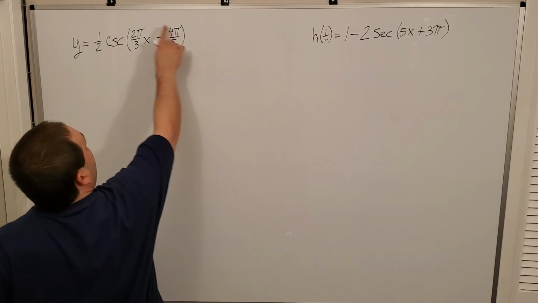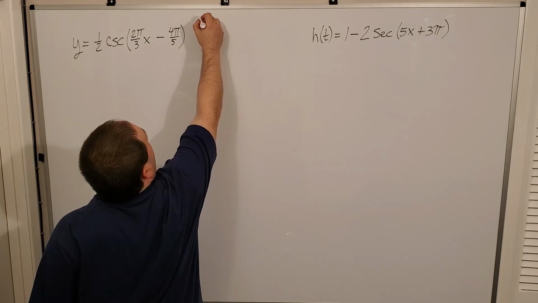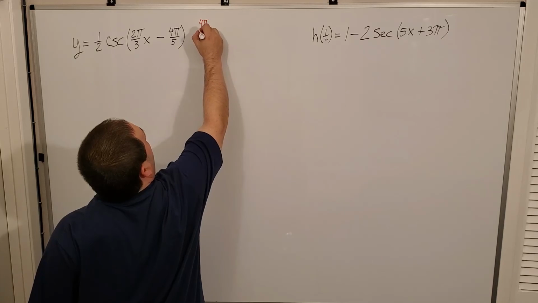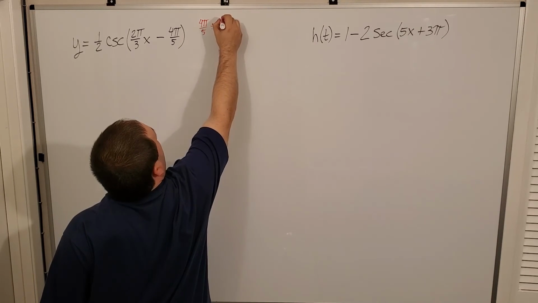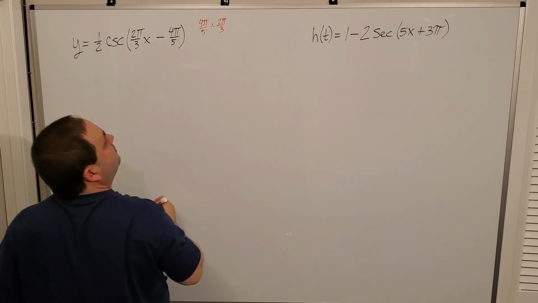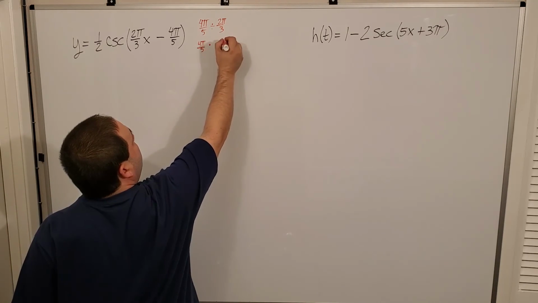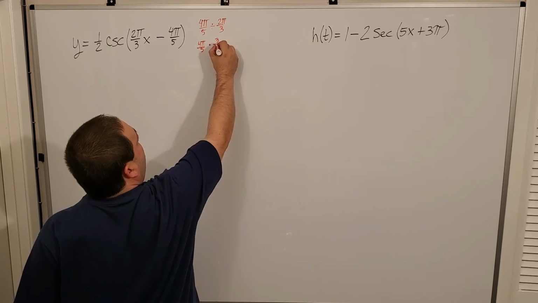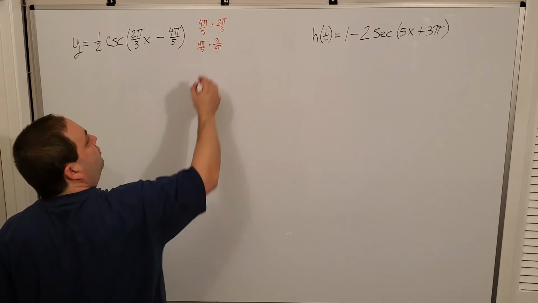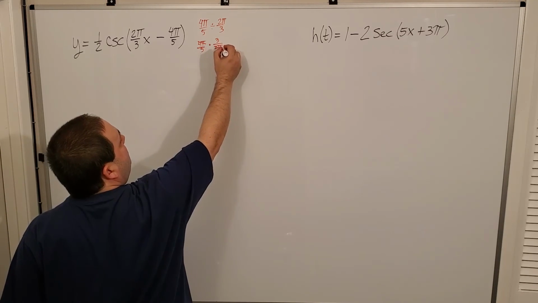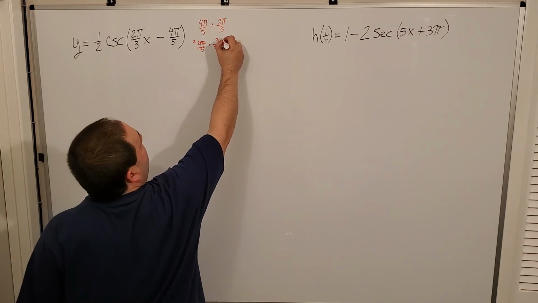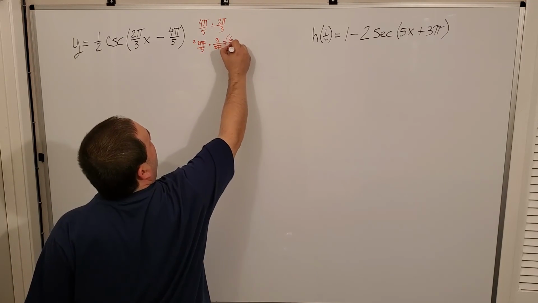So right here, I'm going to divide 4 pi over 5 by 2 pi over 3, which is going to be 4 pi over 5 times 3 over 2 pi, which I hope you'll notice will leave me with a 2 in this numerator and will give me 6 over 5.